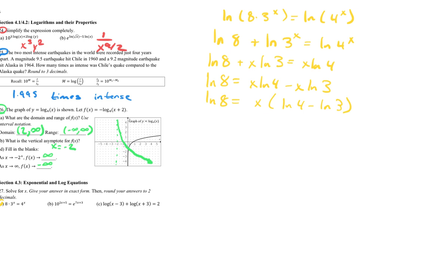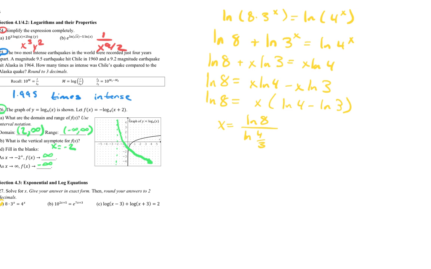And then divide everything by natural log of 4 minus natural log of 3. You get that x equals natural log of 8 over the natural log of, and if you have two natural logs subtracting, you can just say it's division, 4 over 3.